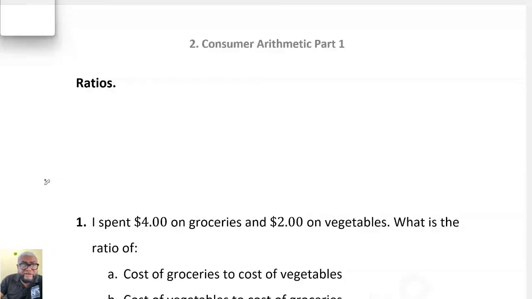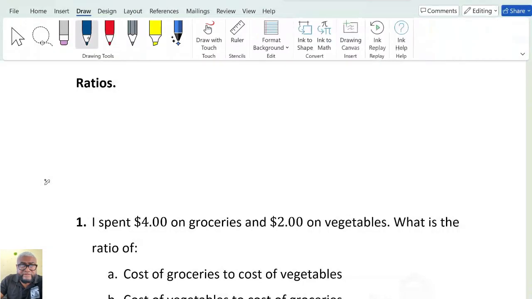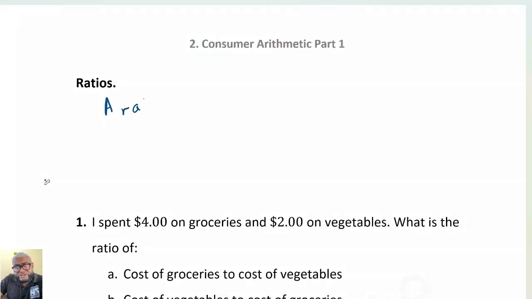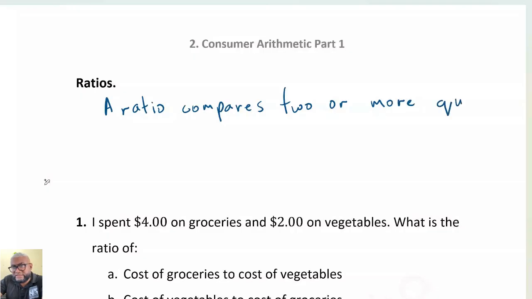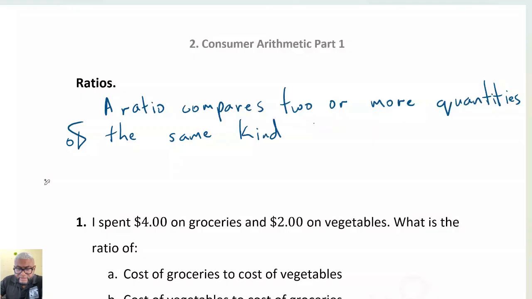A ratio, try to write at the same speed with me, please, my children. So a ratio compares two or more quantities of the same kind by division. Right?